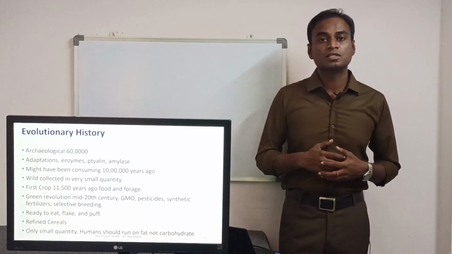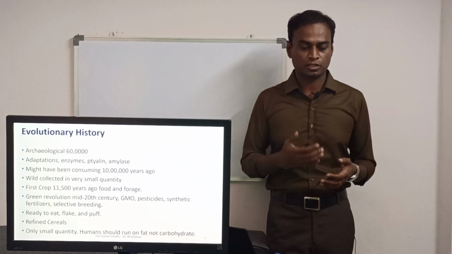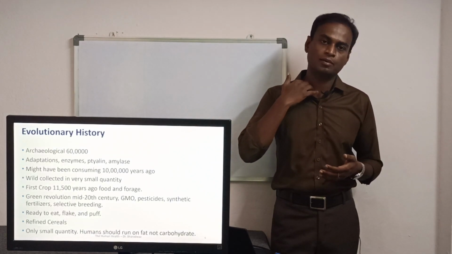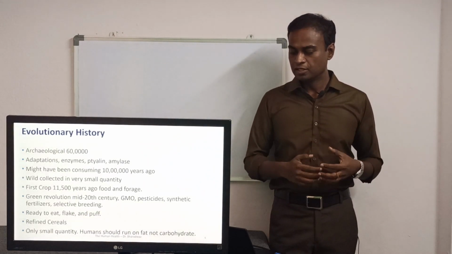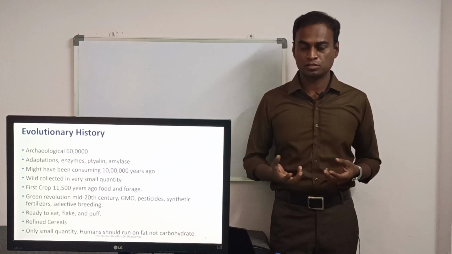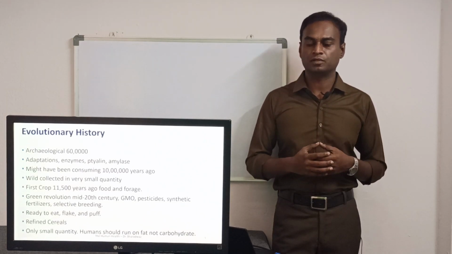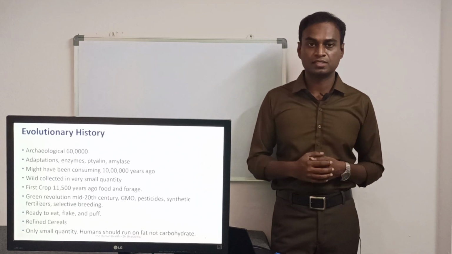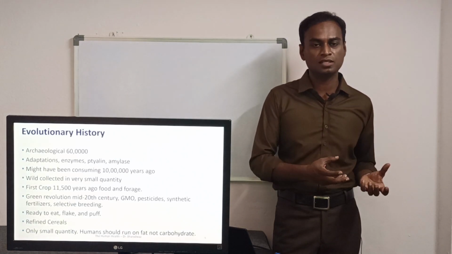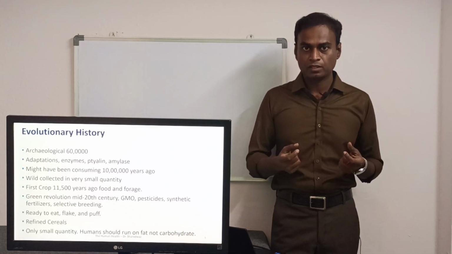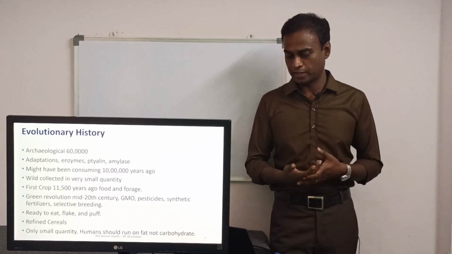And we also have the green revolution that took place in the middle of the 20th century, with the advent of GMOs, genetically modified foods, pesticides and synthetic fertilizers, and selective breeding of these cereals for increased quantity of carbohydrate.